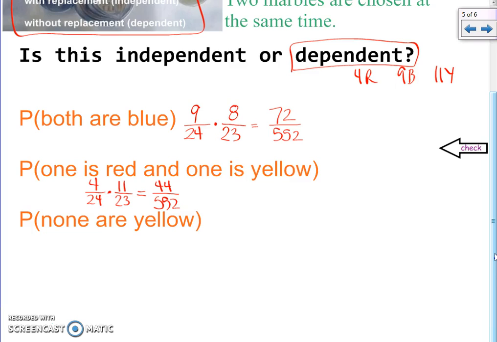Okay. Now did it say that the first marble we picked had to be red? No. It just said that one of them that you pick is red and one of them that you pick is yellow. So we also have to find the probability that the opposite thing happened where we get the yellow one first and the red one second. Okay, so which would simply just be 11 out of 24, 4 times 23, which we get the same answer, right?